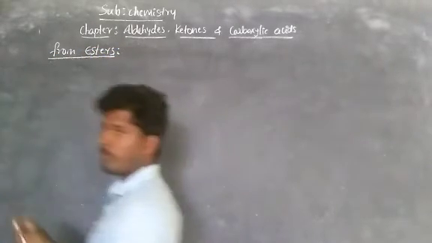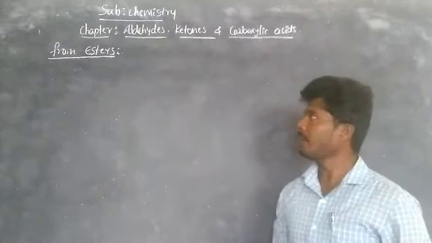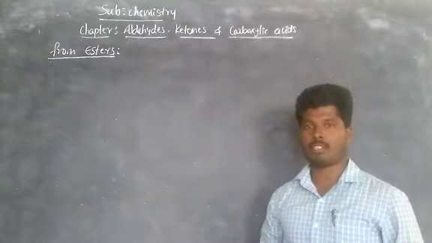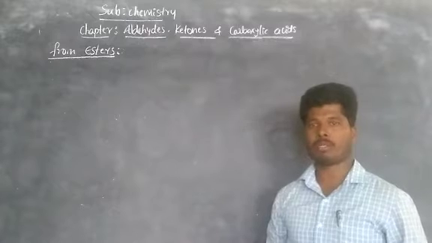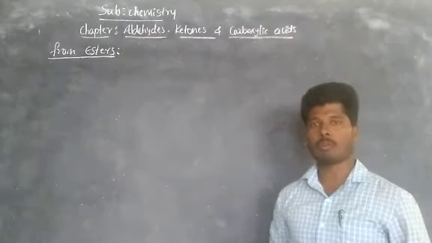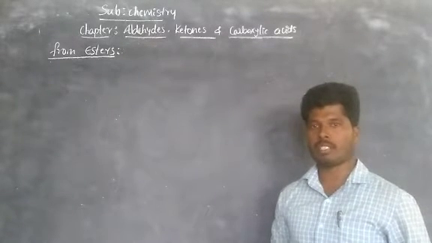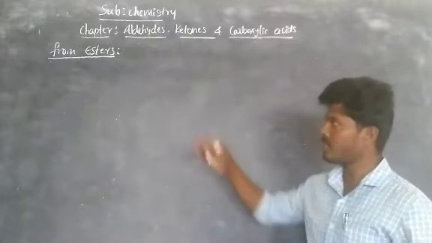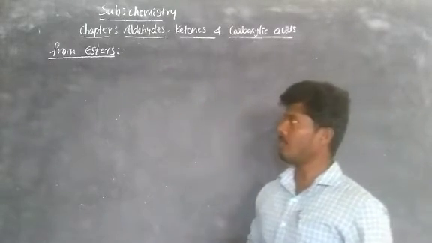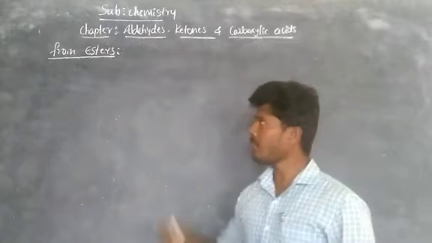How can we prepare carboxylic acids from esters? Here there are two methods, that is acid hydrolysis of esters and also base hydrolysis of esters. Both give carboxylic acids, and we will study them one by one. Take the first one, acid hydrolysis of esters.